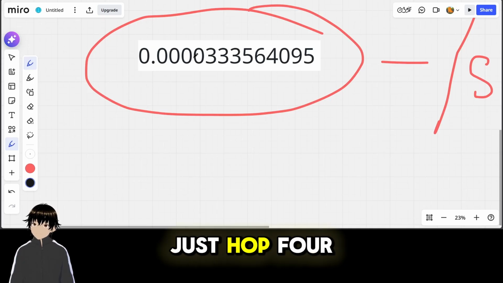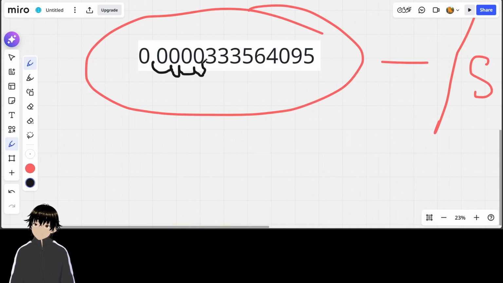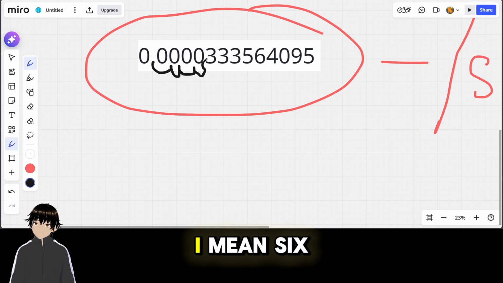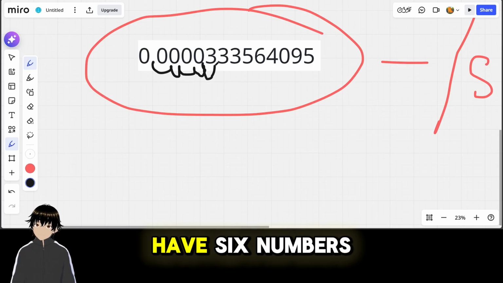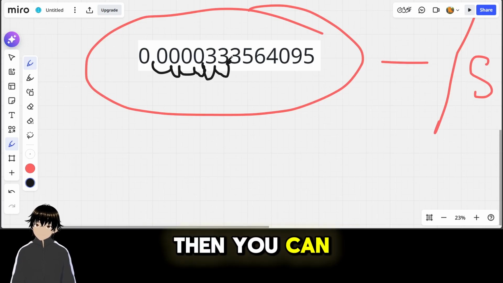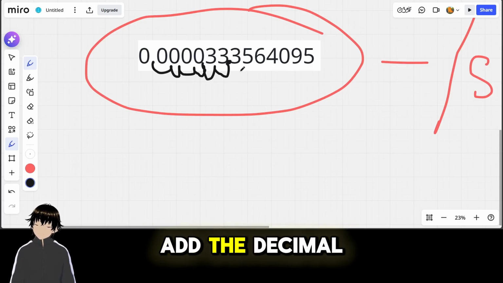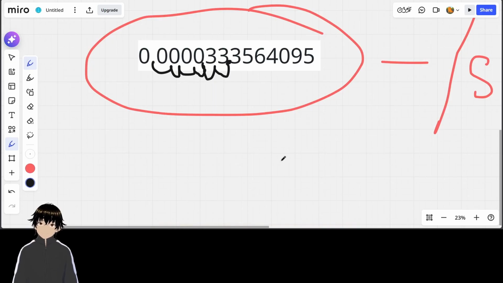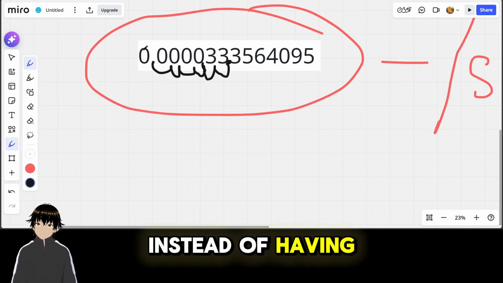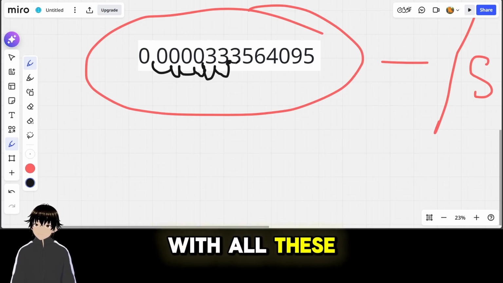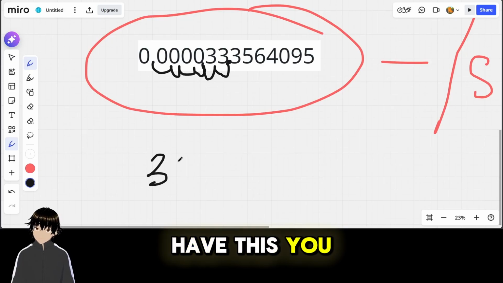So you can just hop six numbers. Then you can add the decimal point there. So what happens is, instead of having this big number with all these zeros, you can just have this, you know?